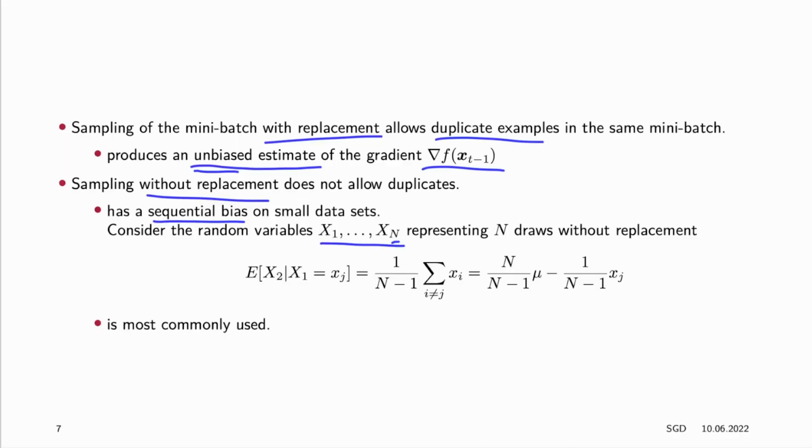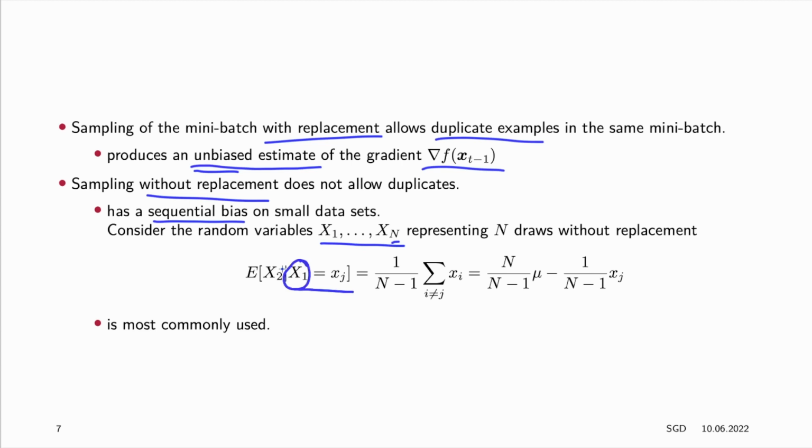If you sample without replacement, it has the benefit that you're guaranteed to see more of the n samples. However, for data sets that are small in size, it has a sequential bias. Say you've already sampled x_j as your first element of the mini-batch.